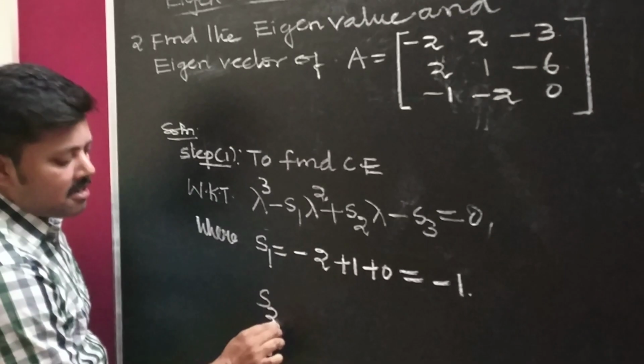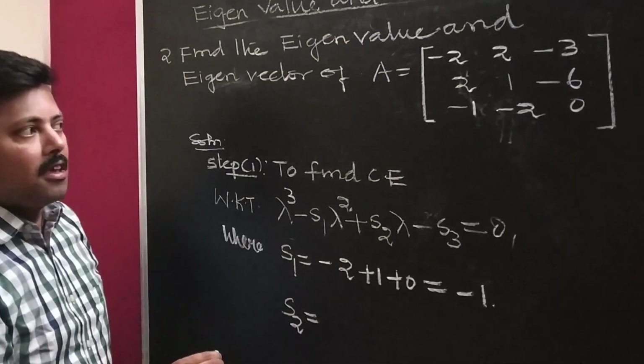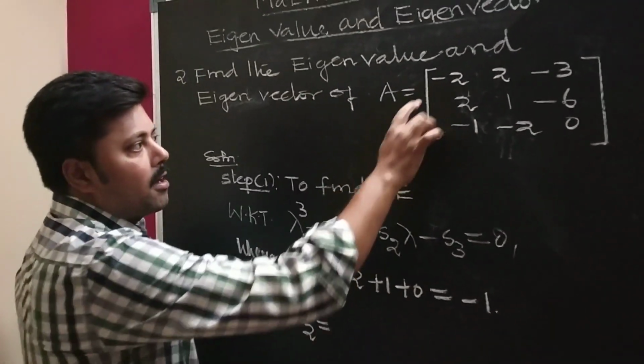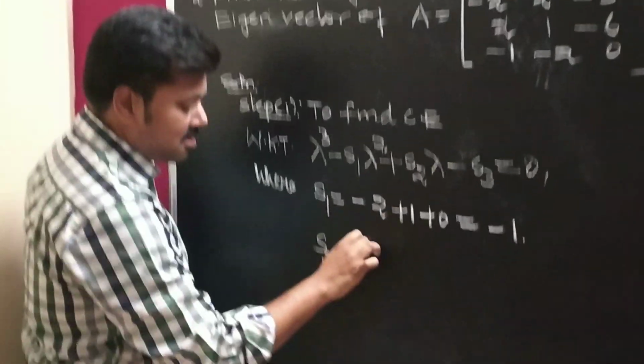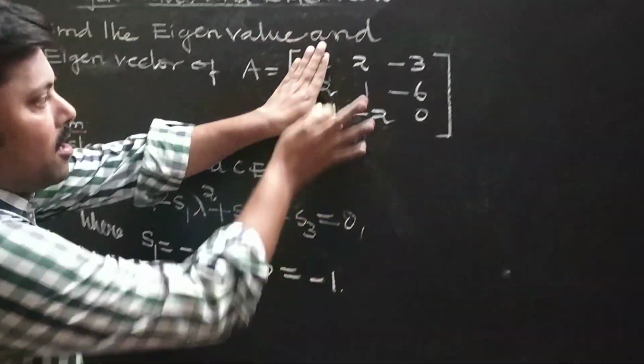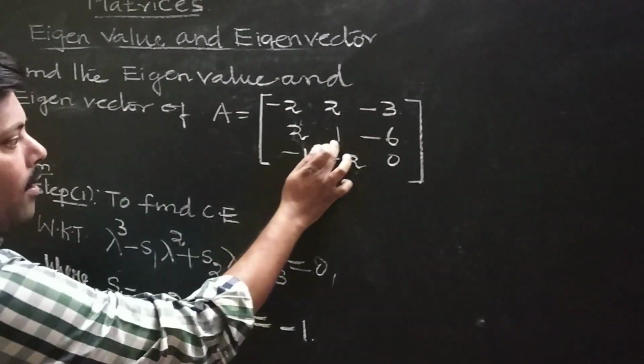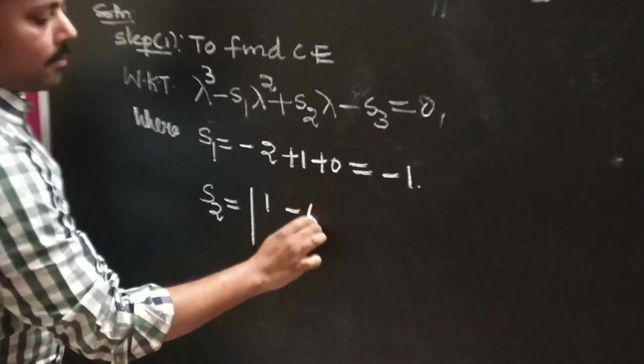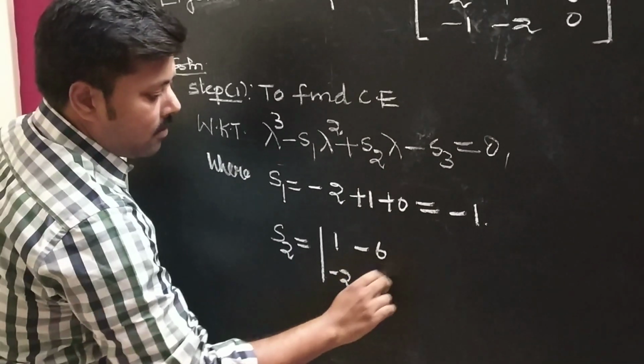S2 is the sum of the minors of the main diagonal elements. The minor of minus 2 is obtained by omitting its row and column, so we get the matrix [1, -6; -2, 0].